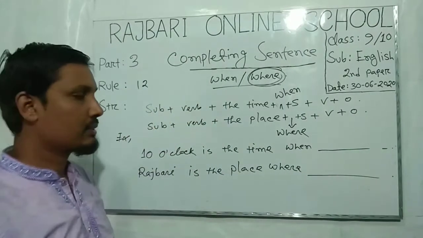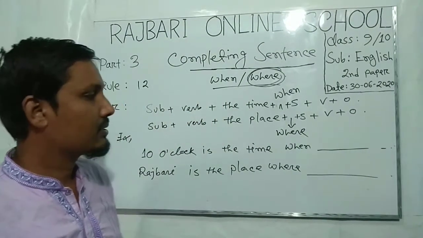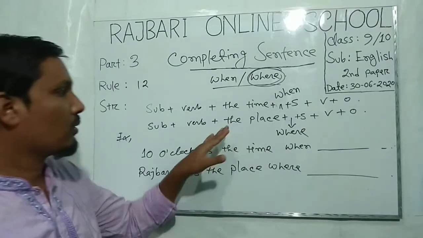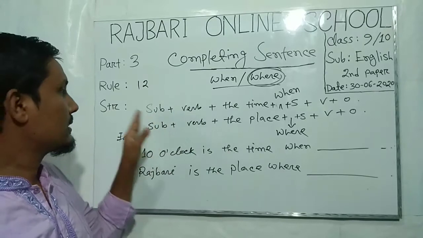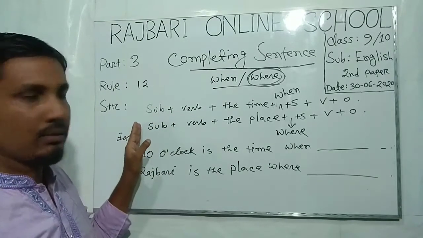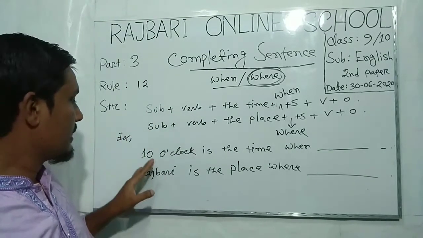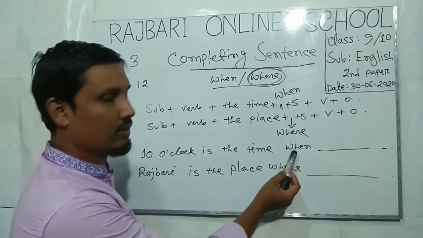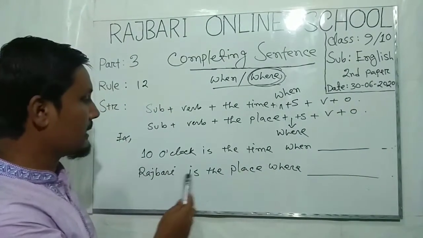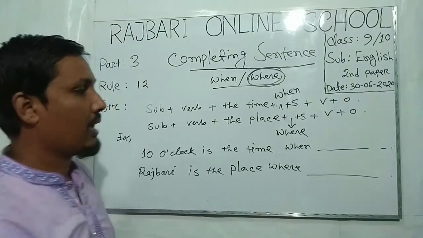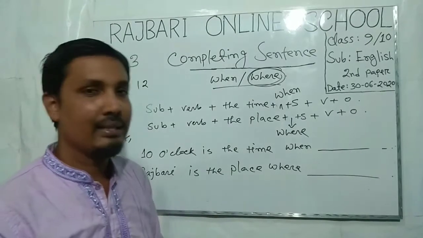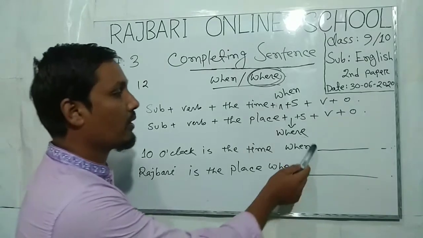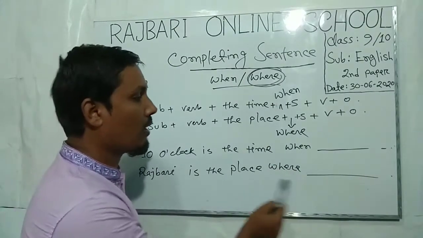If you see such type of sentence in your question paper, that time you have to follow the rules discussed. Okay, 10 o'clock is the time when. Raspberry is the place where, and you have to complete this type of sentence according to your when and where word.